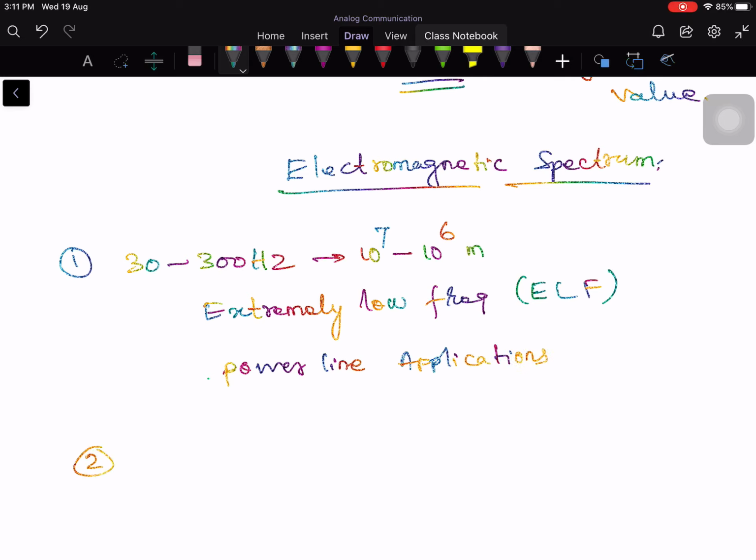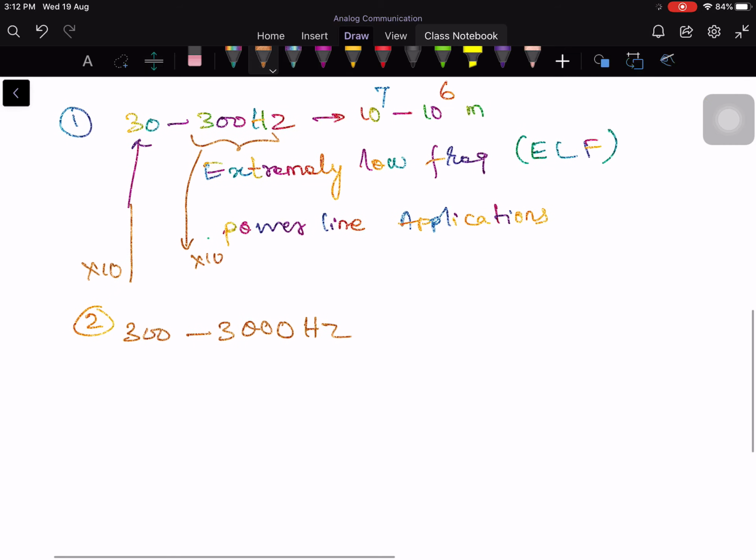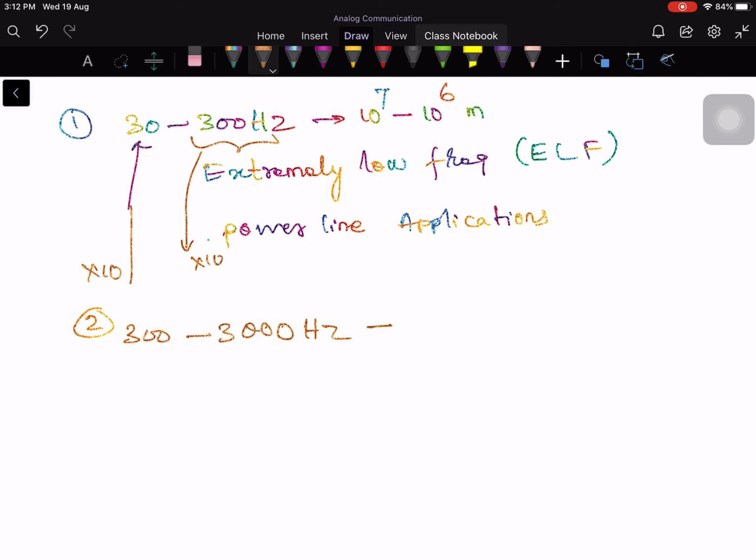The second one: you take this, multiply by 10, so you get 300, and this one again multiplied by 10, you get 3000 hertz. So 300 hertz to 3000 hertz. The corresponding wavelength is 10 power 6 to 10 power 5 meters, and this is called voice frequency.